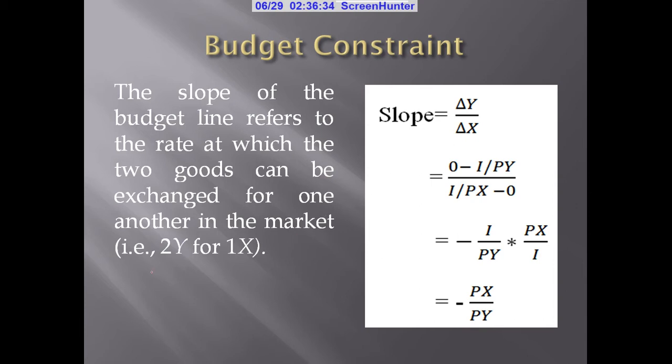Here we know that 2 units of Y trade for 1 unit of X. The general formula of the slope is change in Y over change in X. This is final value minus initial value. I'm writing I for initial, V for value, F for final, V for value. Final value minus initial value.